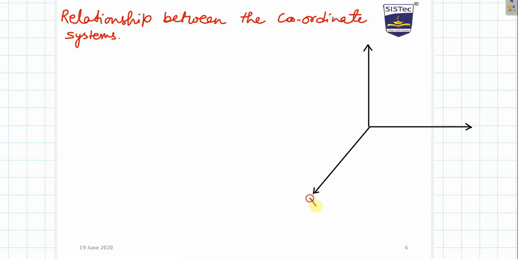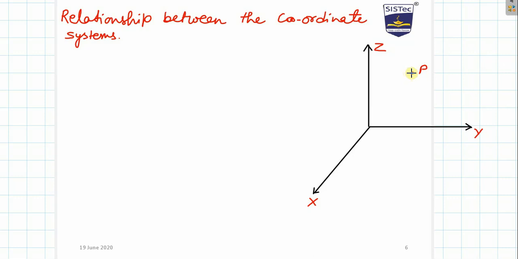It is the x-axis, this one is your y-axis, and this one is your z-axis. Now we have to represent your cylindrical and spherical coordinates here. So let us suppose one point, as we have been supposing so far. This is point P.